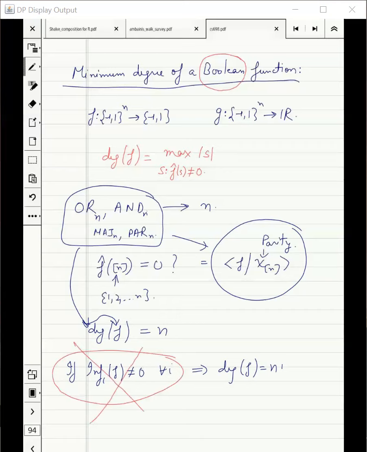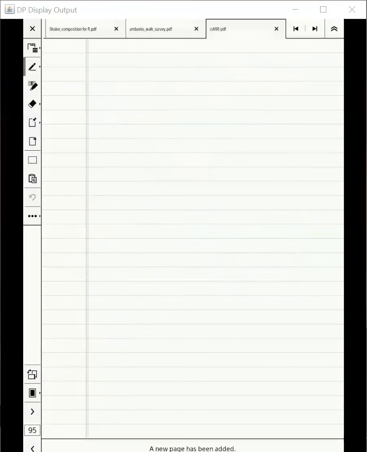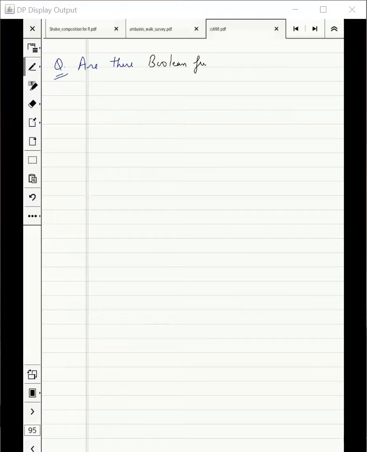Let me ask you, are there Boolean functions whose degree is 0? The question is actually very easy. Constant Boolean functions, obviously.